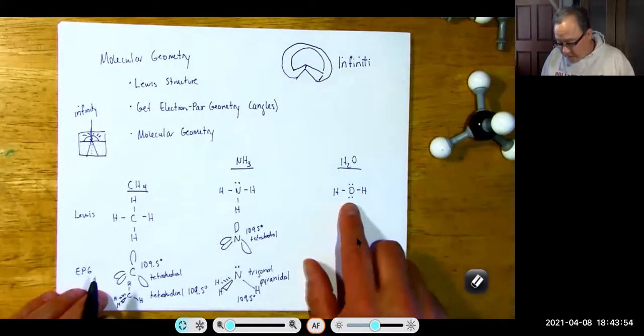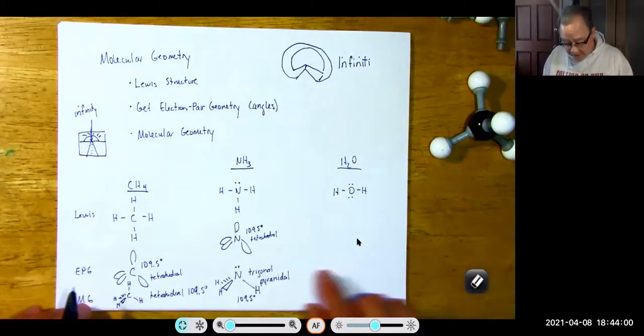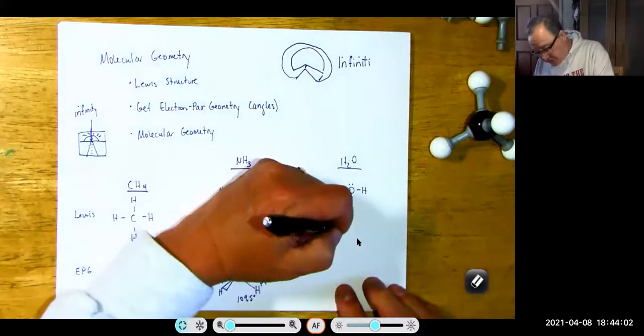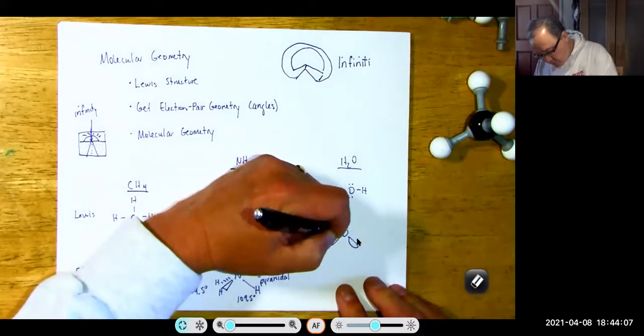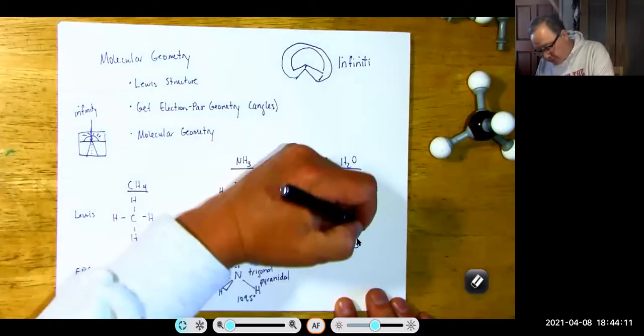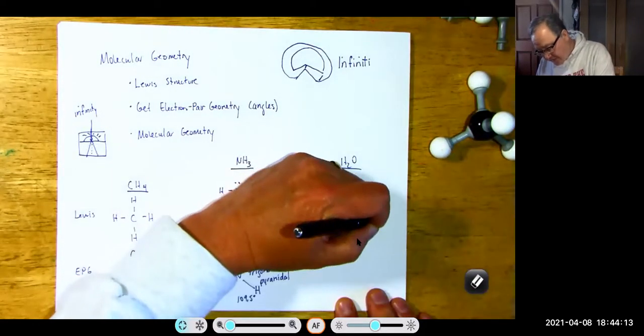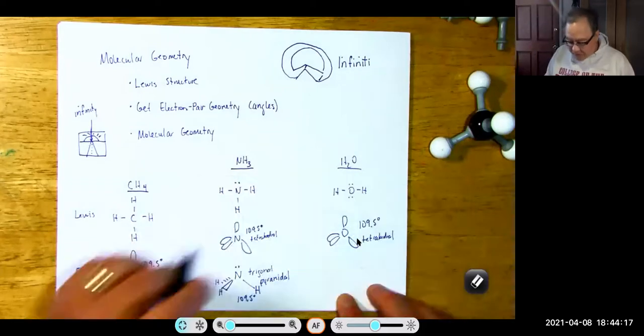So here, these lone pairs, the dots and the bonds, are trying to get as far away as possible, and this is it. So this is the electron pair geometry for H2O, and the angles are 109.5 tetrahedral. Now, what is the best way to draw this one?